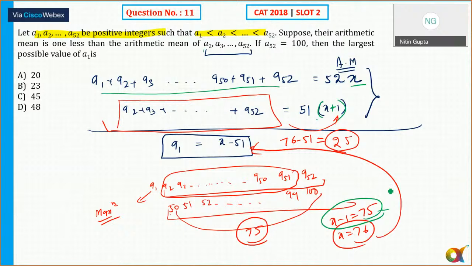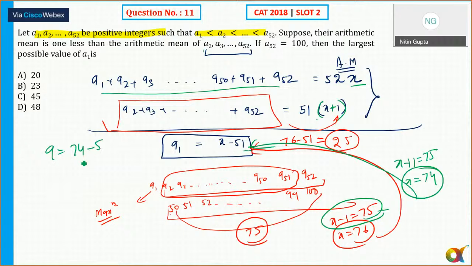A1 is 74 minus 51, which is equal to 23. So the answer is option B, which is 23. Any doubts to anyone now? Initially, there was a plus minus sign which I had taken wrong. Is that clear now? Santosh, Damini, Anupam, everyone, please respond if it is clear to all of you.